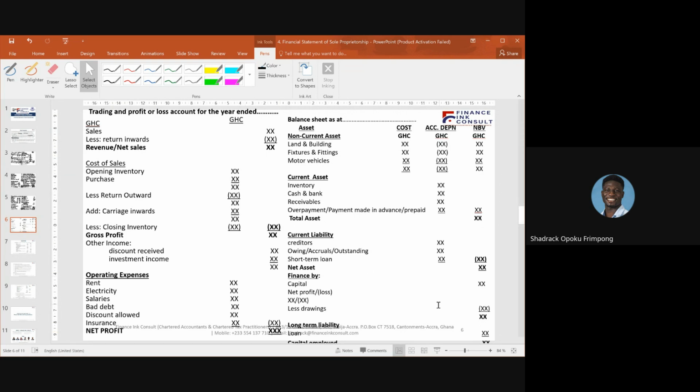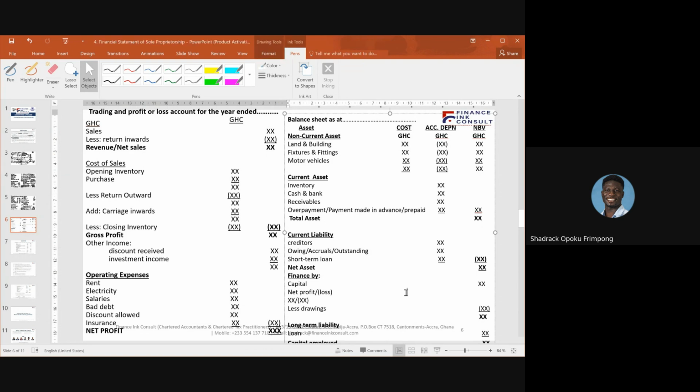Then we have a similar issue here. This is our balance sheet. In the balance sheet, our non-current assets have cost, accumulated depreciation, and net book value. Then we have our current assets. Overpayment, as I said, prepayment, payment made in advance, prepaid is the same thing.